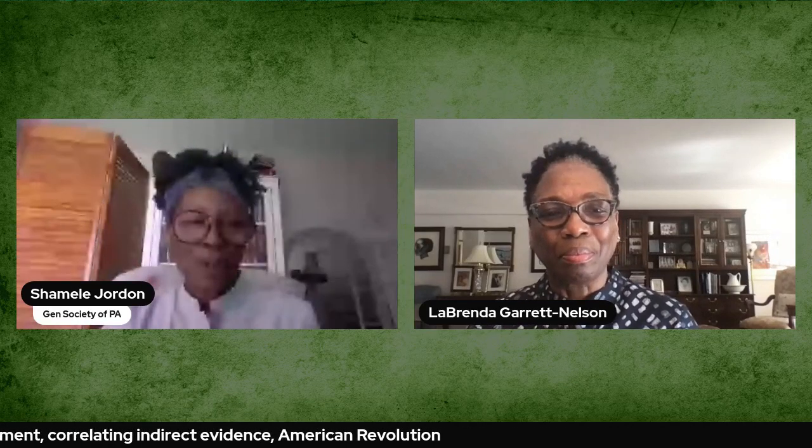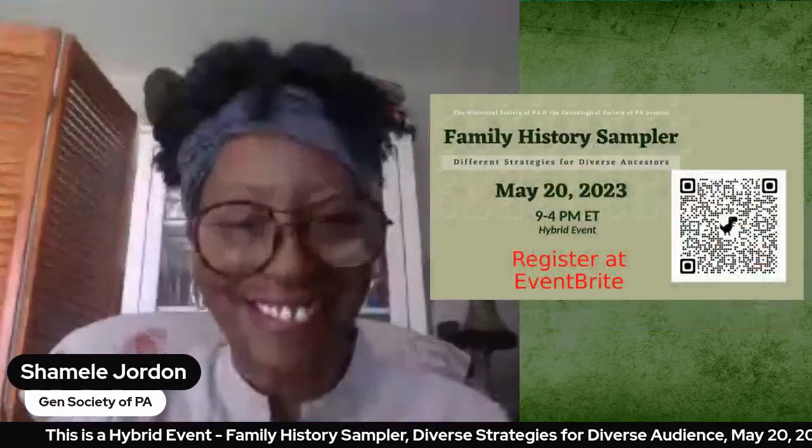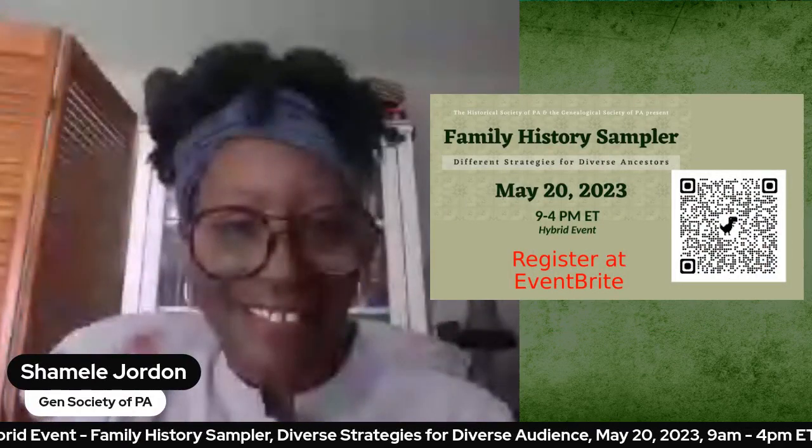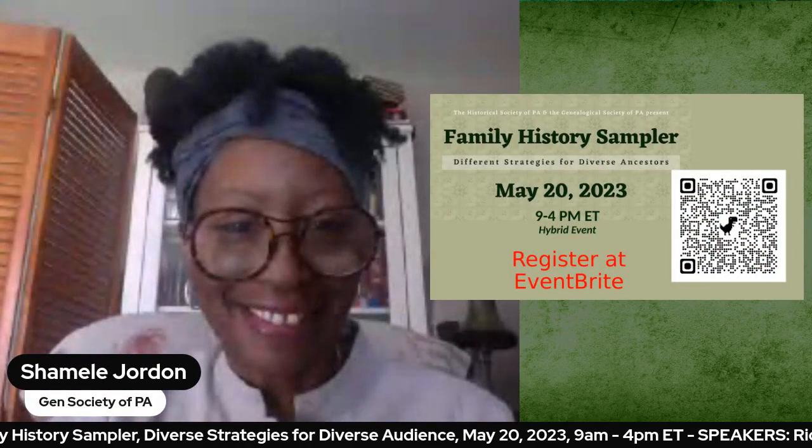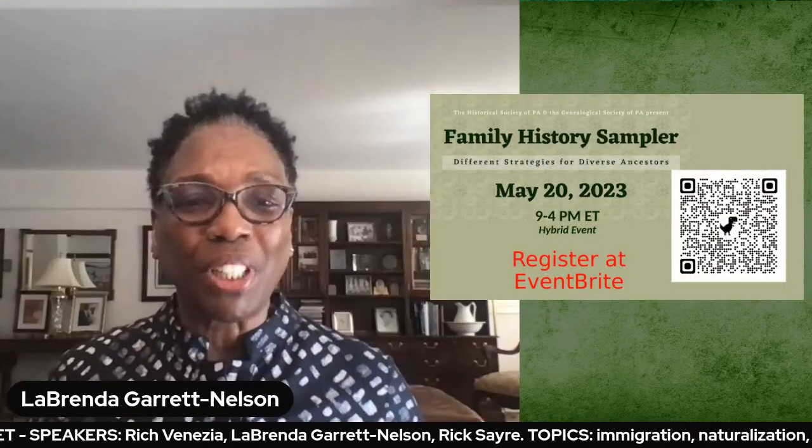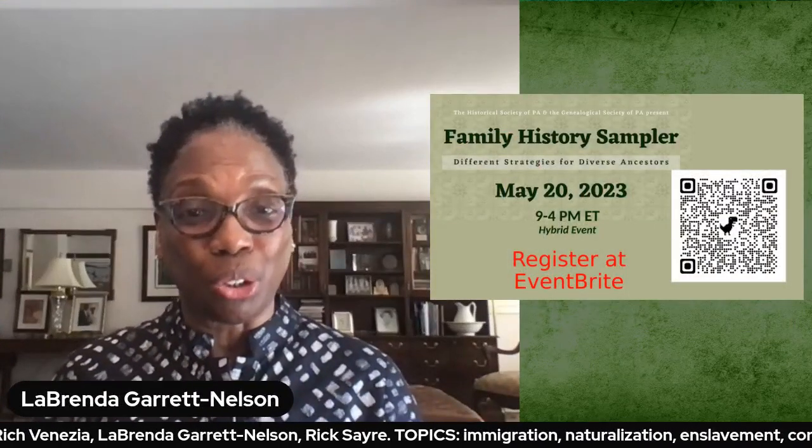And so, LaBrenda, you've been doing this for a while, but what was the first document that you found documenting enslaved people? Well, in the course of researching my African American Garrett family, I found a document that corroborated a bit of our oral history. We knew or had been told that we had an ancestor who had purchased his freedom and the freedom of his wife and girl children.